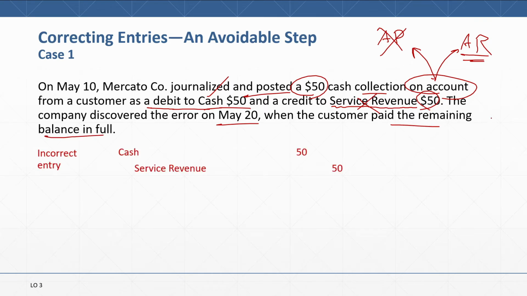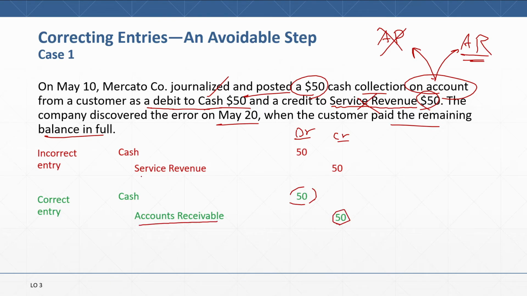The incorrect entry was cash debited, service revenue credited. The correct entry should have been cash debited, the same amount, but accounts receivable credited, not service revenue.